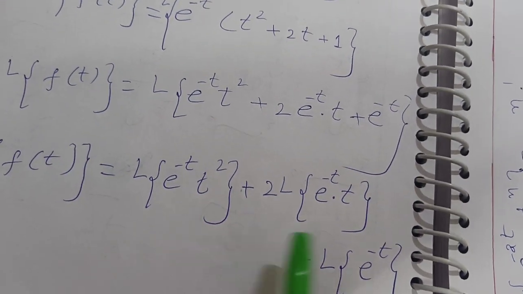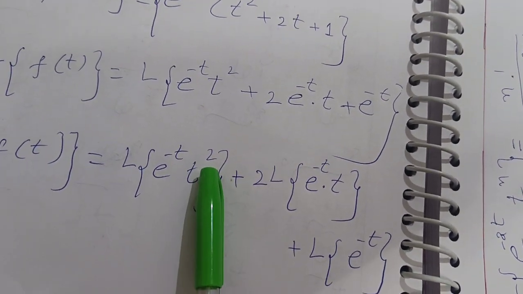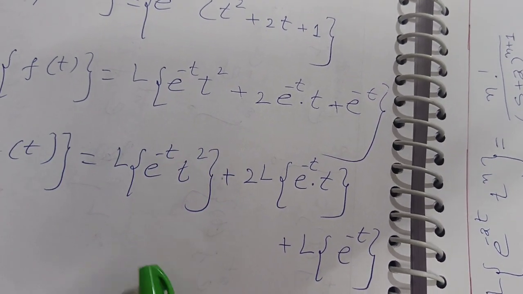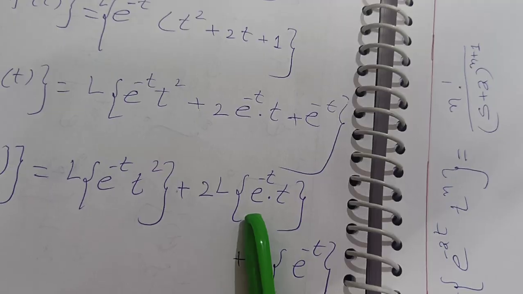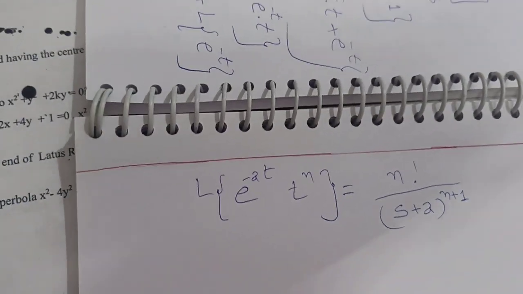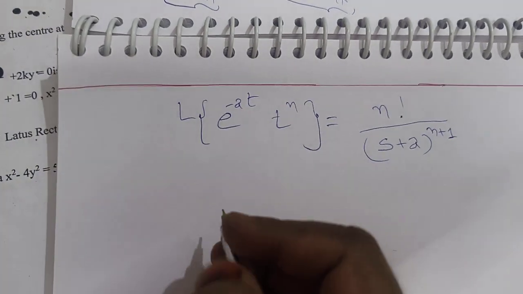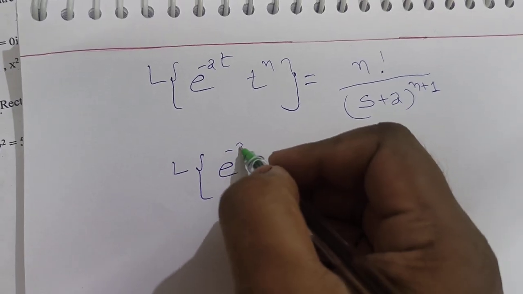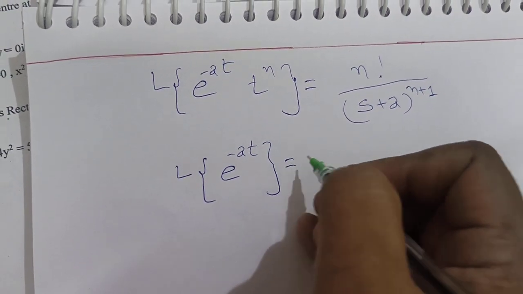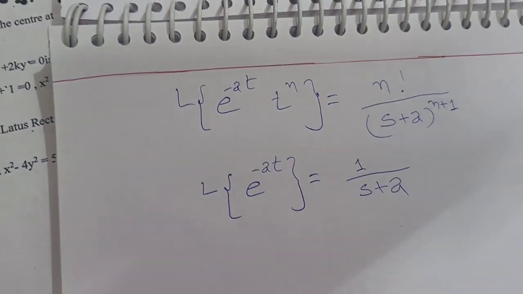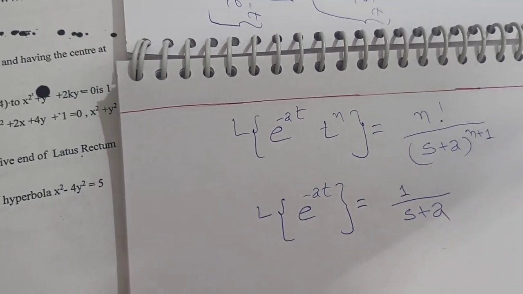This formula we will apply for the first two terms, where n is equal to 2 in the first term and n is equal to 1 in the second term. And for the third term we take the Laplace transform of e power of minus at, which is 1 by s plus a. So a is equal to 1.